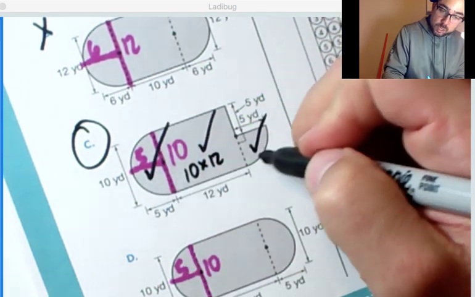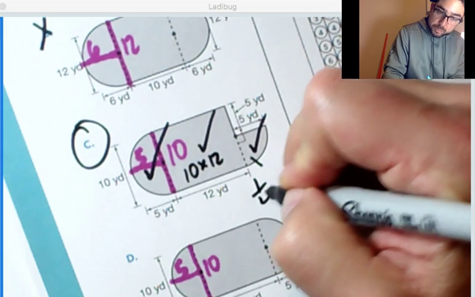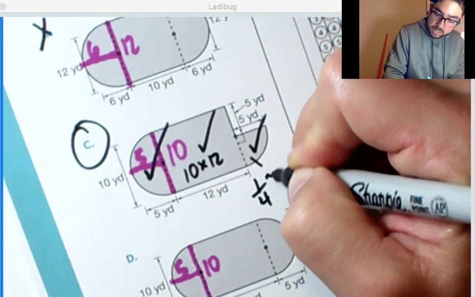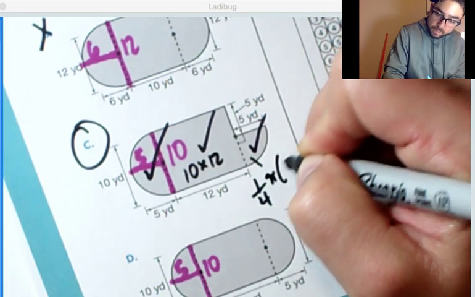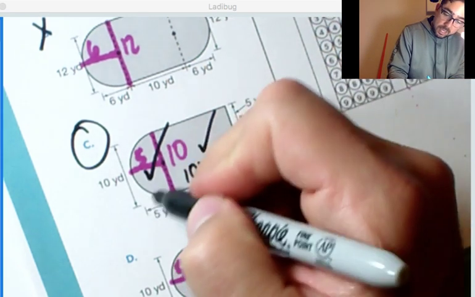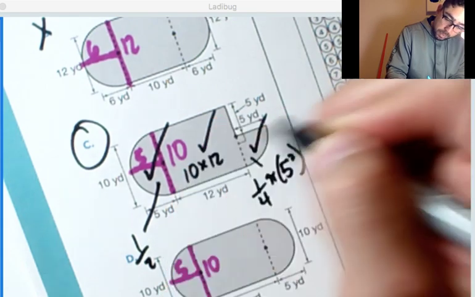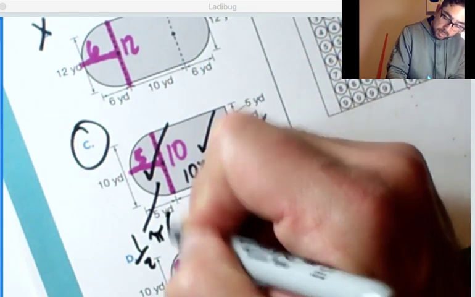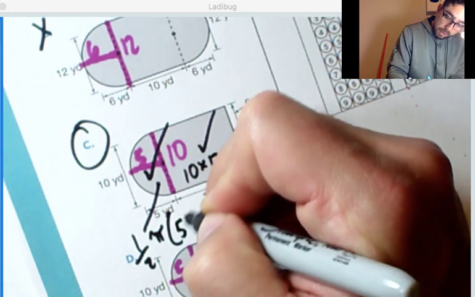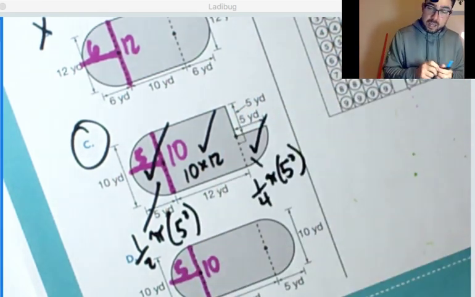This is the quarter circle, which would be 1/4 times pi times 5 squared. And this half one would be 1/2 times pi times 5 squared.